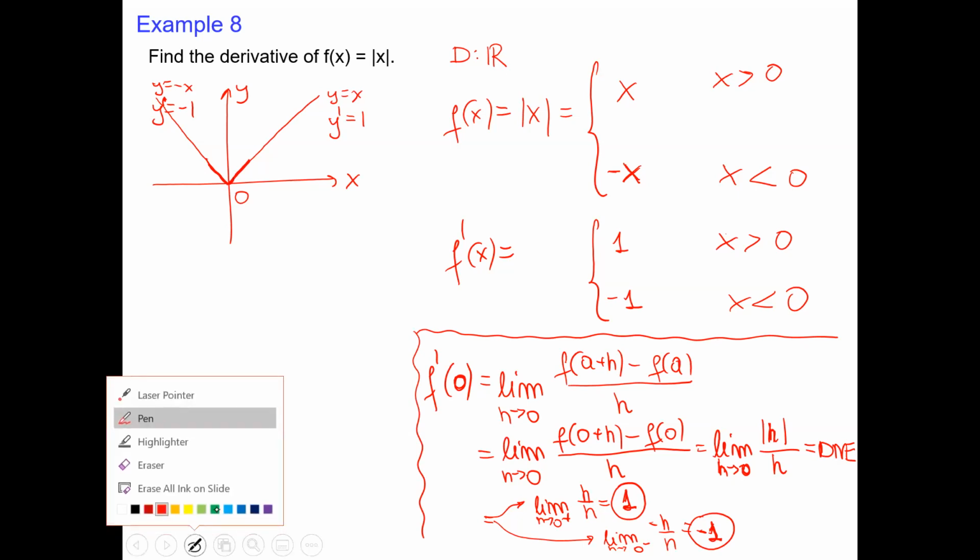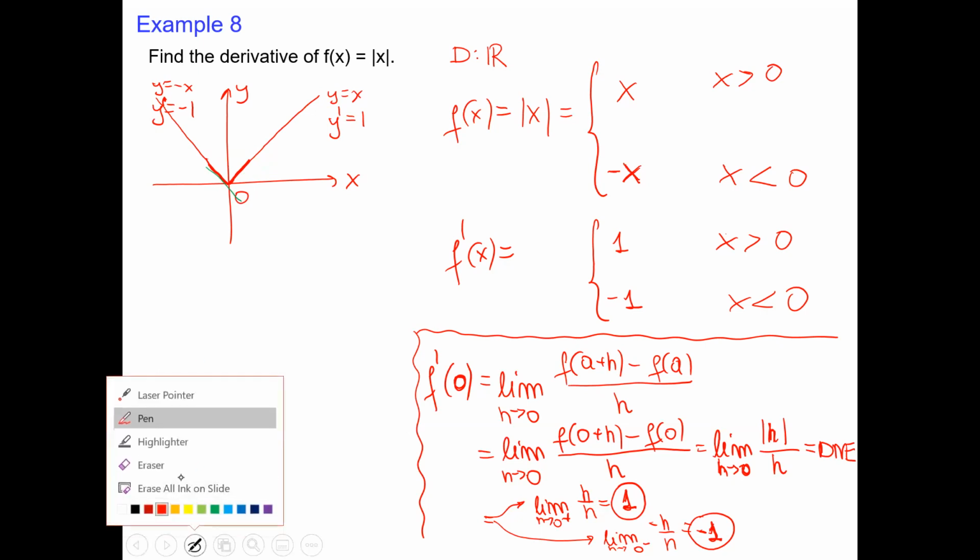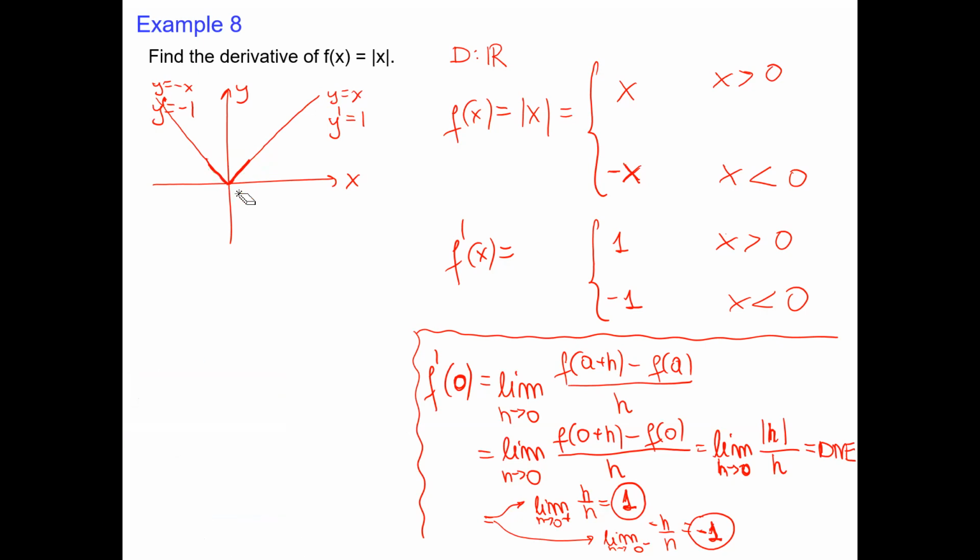When we try to draw a tangent, that's not right, that's not good. We do not have a tangent at 0, at that sharp corner: no tangent, no slope, no derivative.